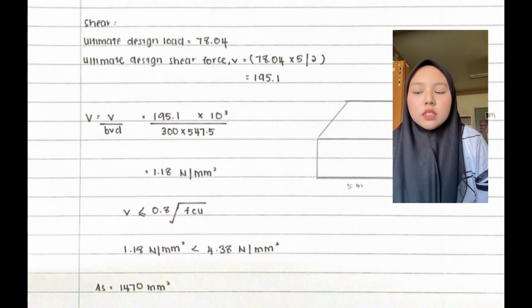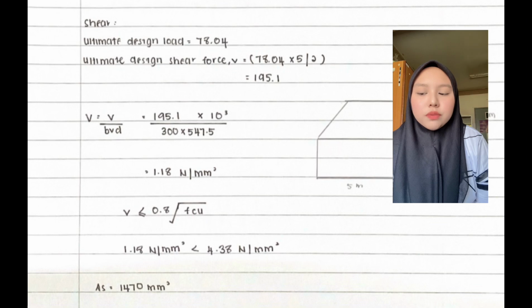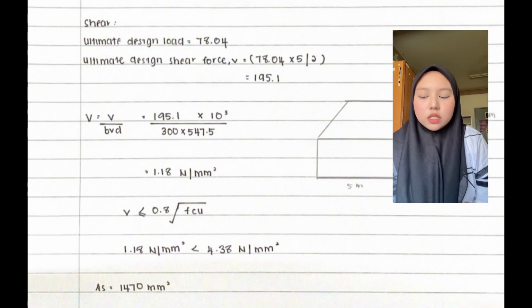So 195.1 times 10 cube over 300 times 547.5. So the answer is 1.18 N per mm square. So for v, it's below 0.8 square root FCU. So 1.18 N per mm square is below 4.38 N per mm square. For area of steel, 1470 mm square.